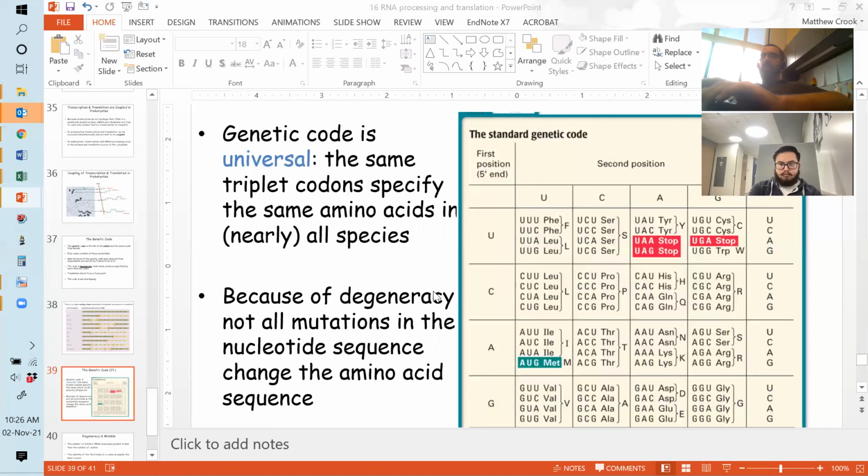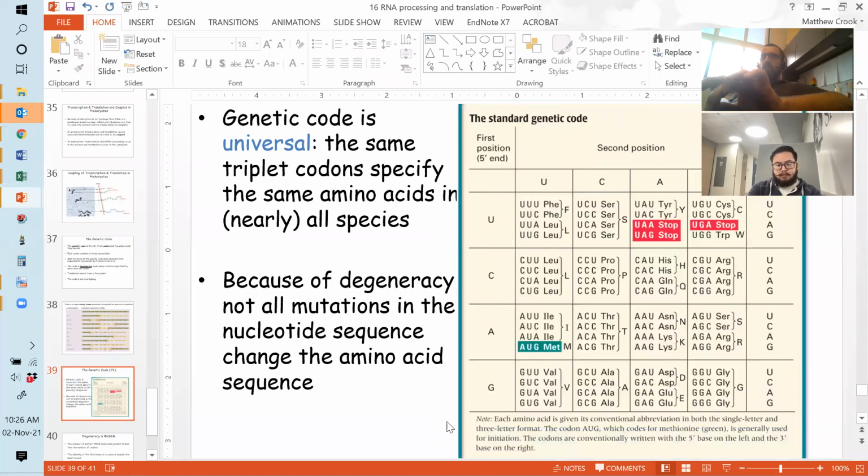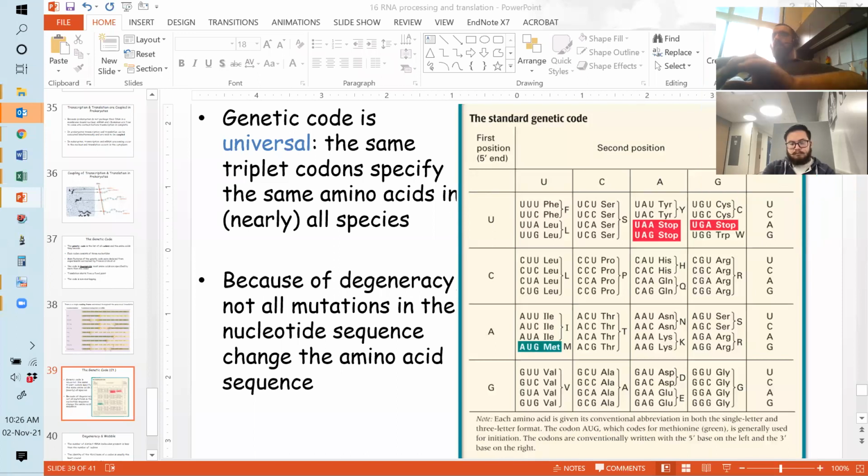Okay, so if we look at the genetic code, right, this is what it looks like. I'm going to move these things over so I can see what I'm looking at. Essentially, you have 64 different codons. 3 of those are stop codons. 1 of them is a start codon.